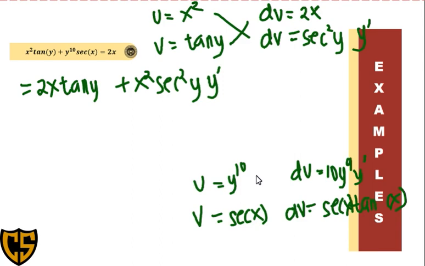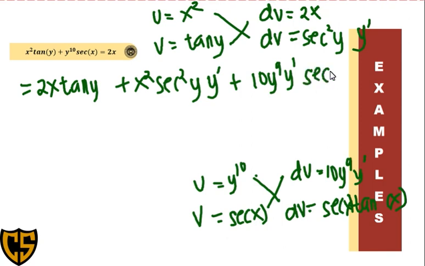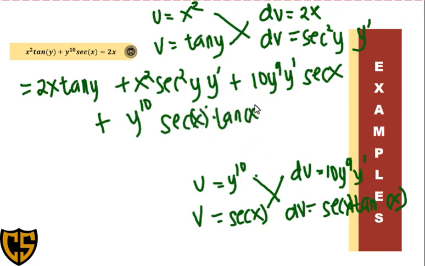So cross multiply, v du, u dv, so that will be 10 y raised to 9 y prime secant x plus u dv, which is y raised to 10 secant x tangent x.